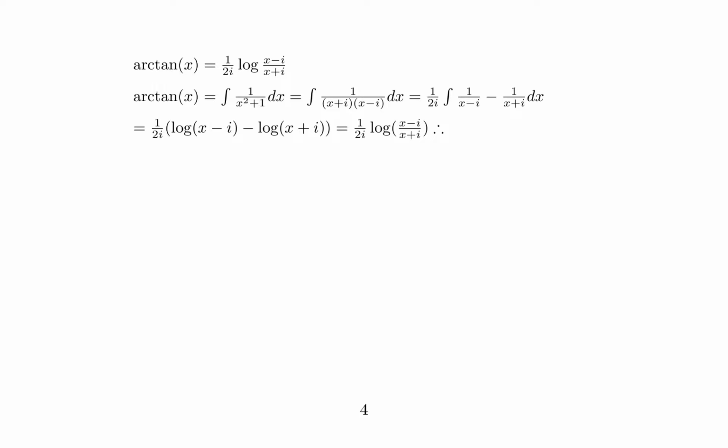So in the proof below, you can see that it's defined as the integral of 1 over x squared plus 1, and then you can rewrite it as logarithm of x minus i minus logarithm of x plus i, and get the formula above. In the next section, we will discuss the arctangent function and other Arcus functions.